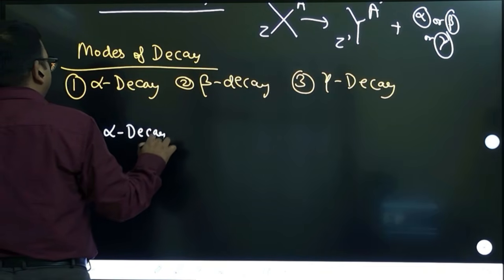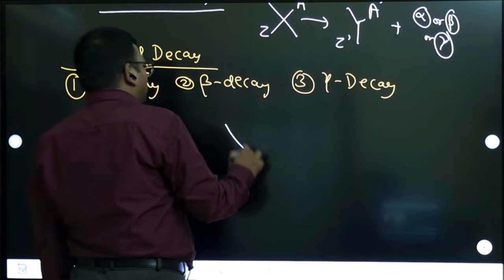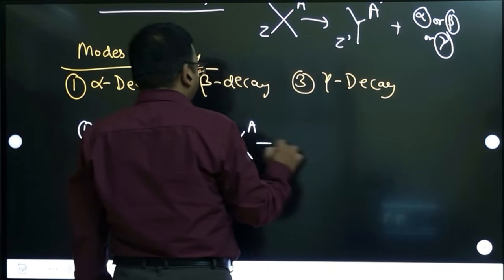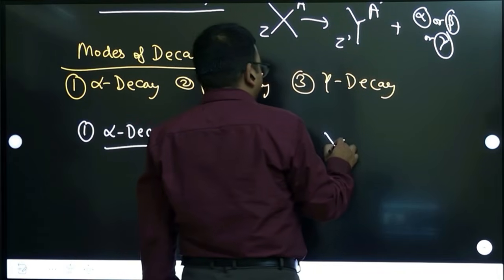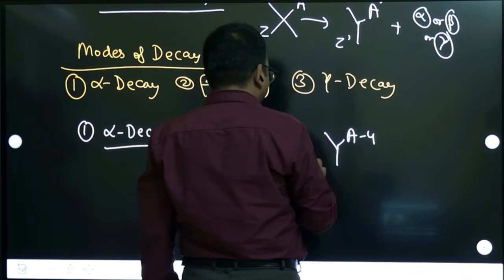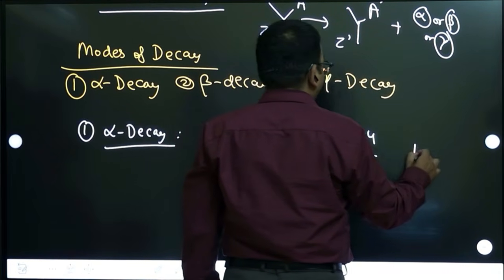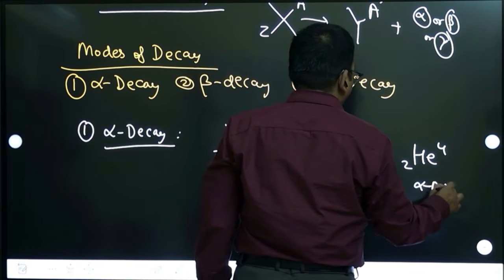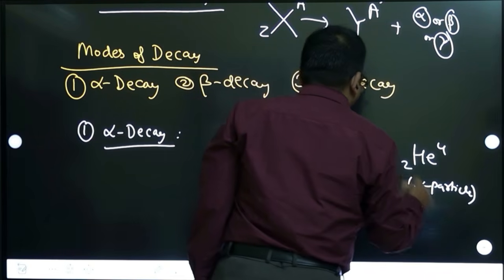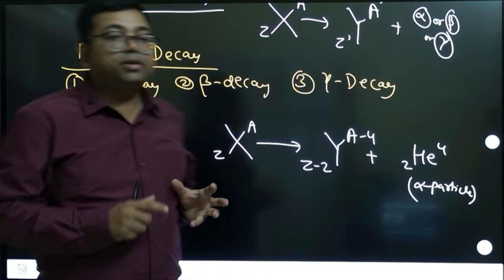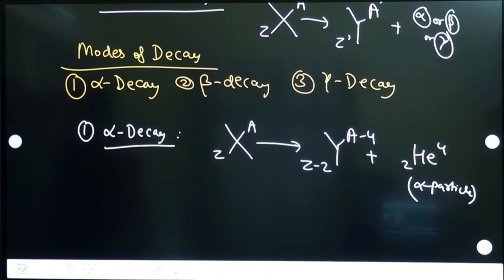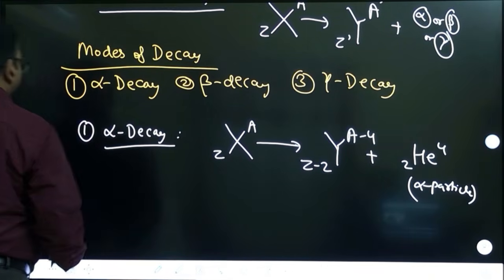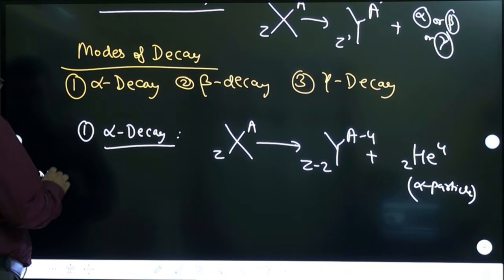A nucleus A, Z will break into A minus 4, Z minus 2 and an alpha particle. Now in alpha decay it is very important to know the formula for energies and these things. Also one point to note here, let us note it.